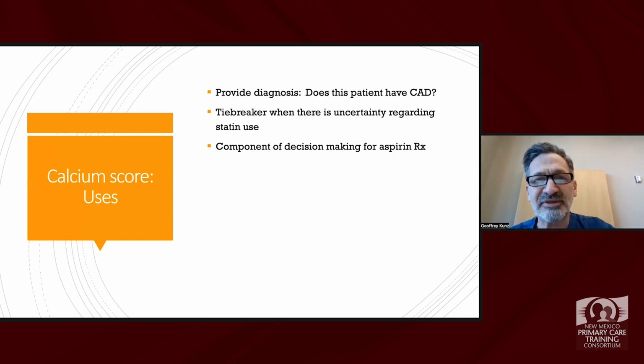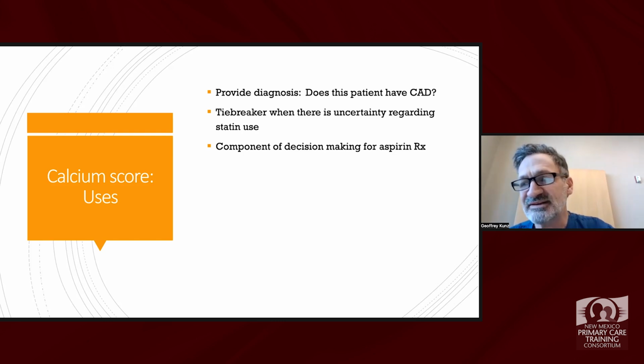So it can do a couple of things. It can provide the diagnosis. Does this patient have coronary disease, or not? You can have non-calcified plaque that's not detected by this, so it doesn't rule out the presence of coronary disease. But if there's plaque there, it says, yes, this patient has coronary disease.